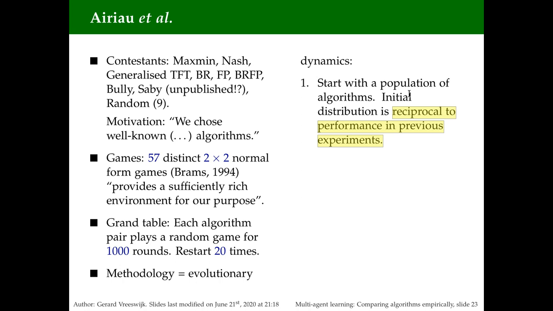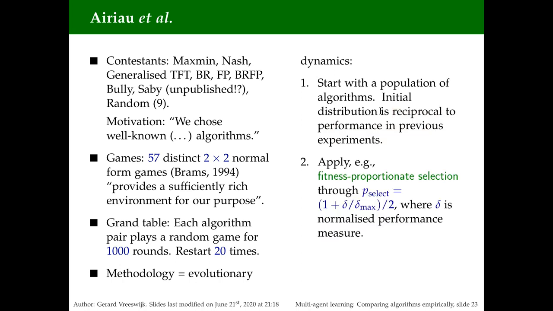So good performance gets a small share, and worse performance gets a large share at the outset. And then they applied, for example, fitness proportionate selection, where the probability to select is (1 plus delta divided by delta max) divided by 2.